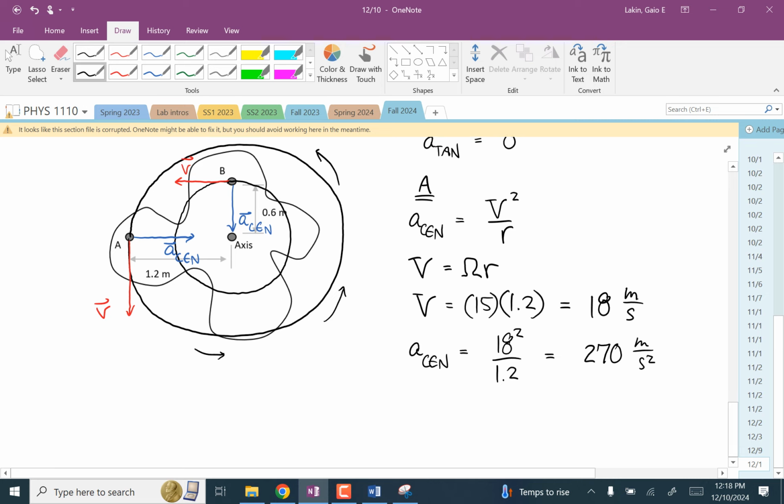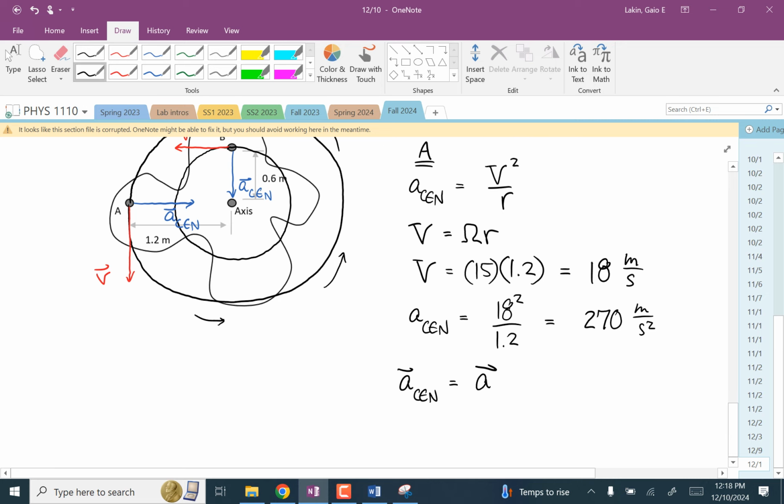We can see the direction is in the positive x. So the centripetal acceleration, which is also equal to the total acceleration because there's no tangential, is 270, 0. Any questions about that?